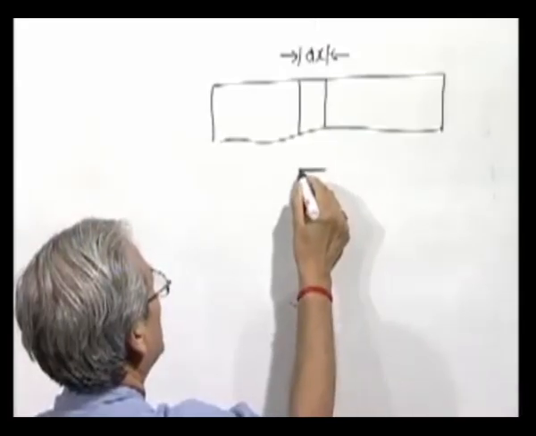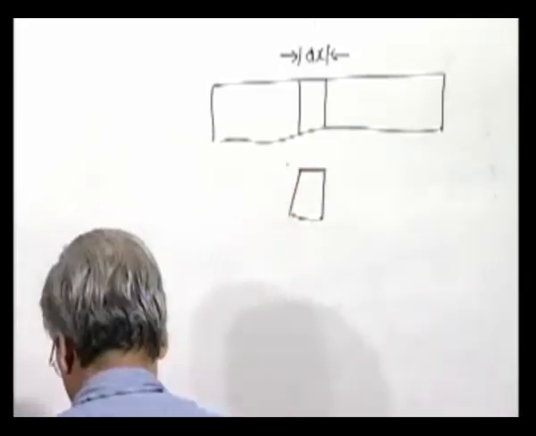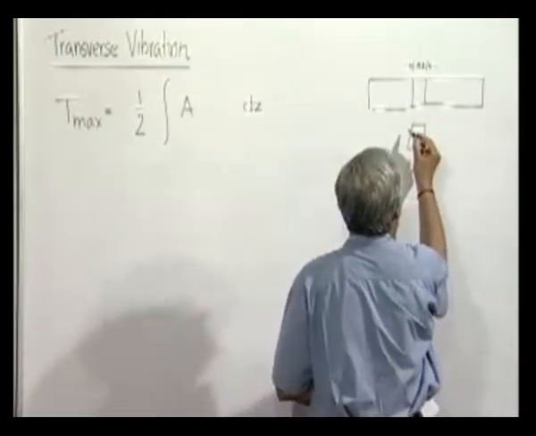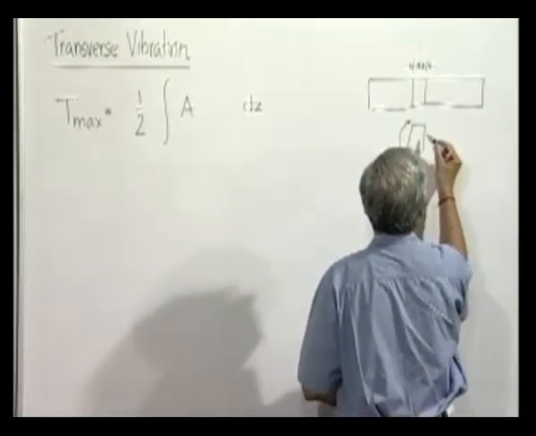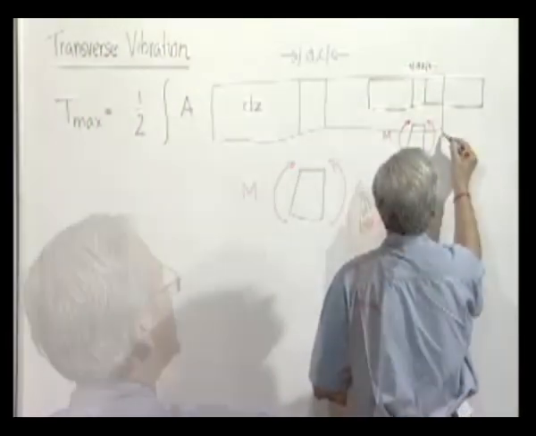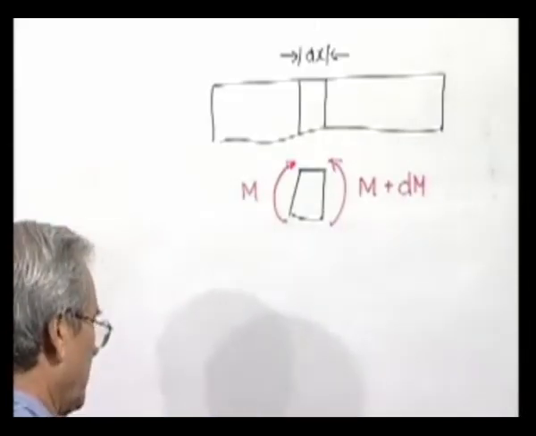so in bend condition it comes here, it gets subjected to bending moment, which is M, and here it is M plus a small change dM, we do not bother much.